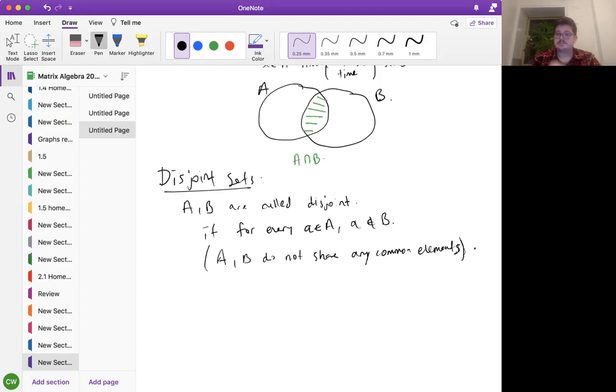Does that make sense? They're disjoint if they don't share any common elements.